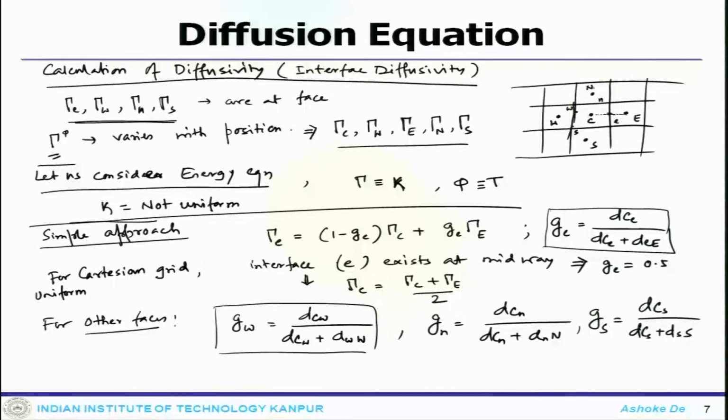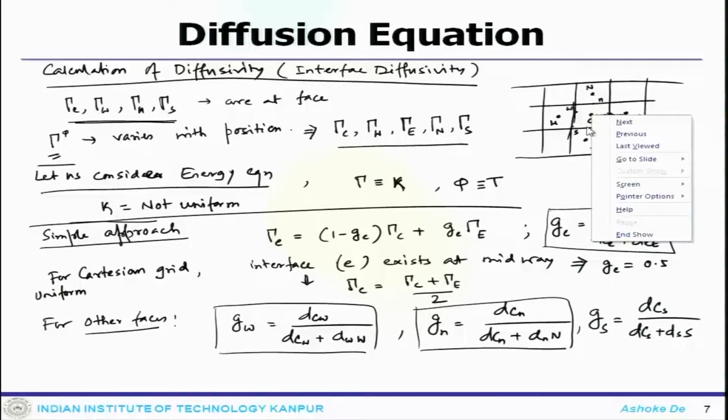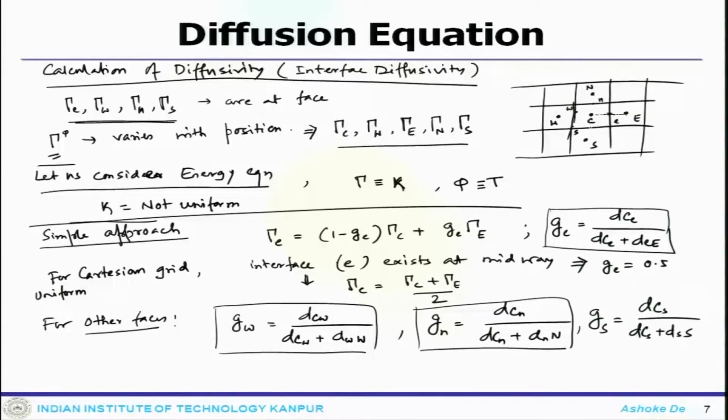And when you consider the north element, it goes from C to the north face to N, that will get you the interpolation coefficient for the north, and from the south center to the south face and the south face to the center of S, that will get you the coefficient for the south face.